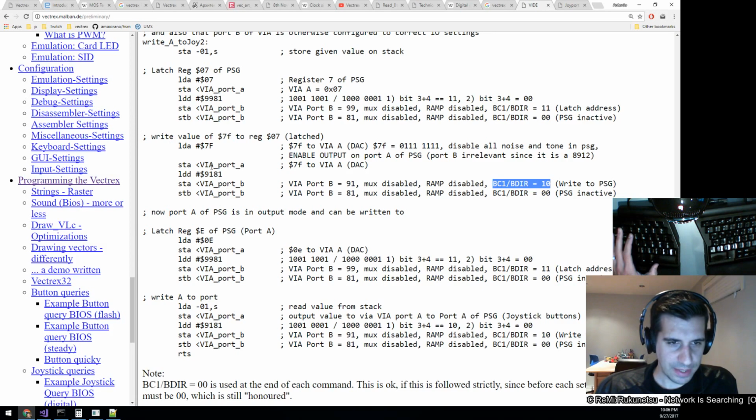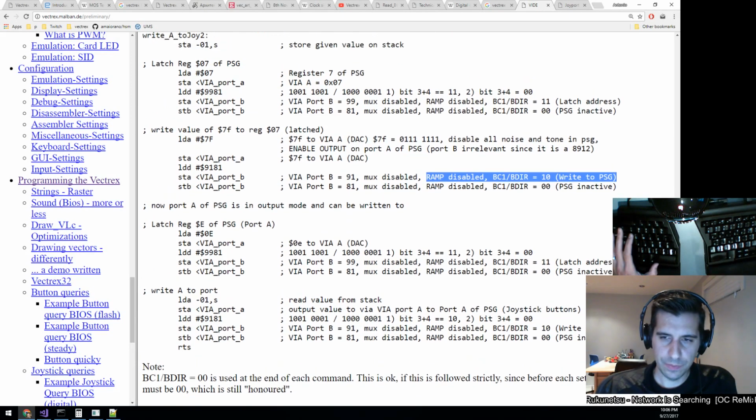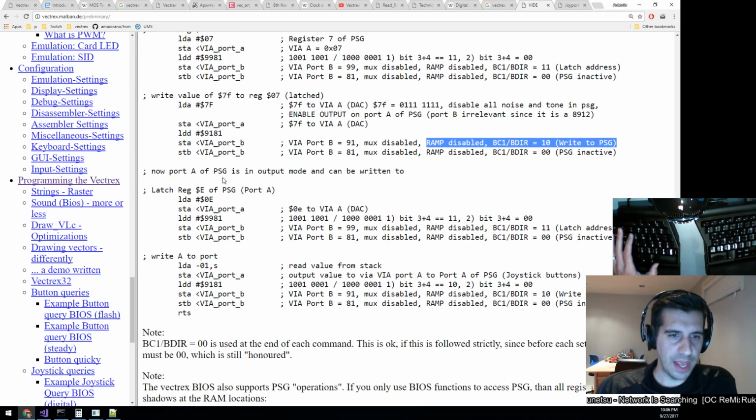Because see, we write to port A, we store a value, and then that value makes its way into the PSG when we go into this mode here. Write to PSG. Now port A of PSG is in output mode and can be written to.